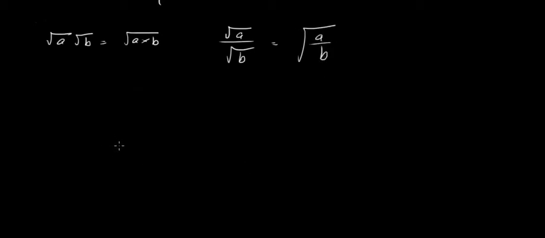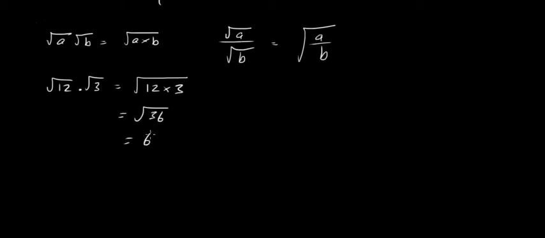So for example, if you have, let's say here, the square root of 12 times the square root of, let's say, 3, well, you can write that as the square root of 12 times 3. So that's just simply the square root of 36, which is 6. 6 times 6, or 6 squared, will give me 36.